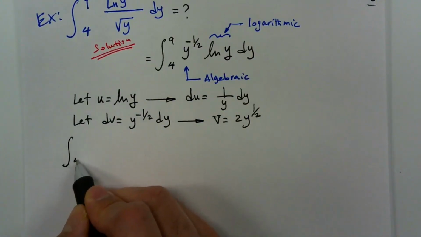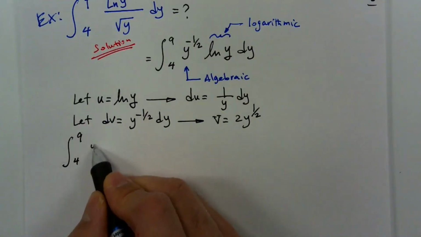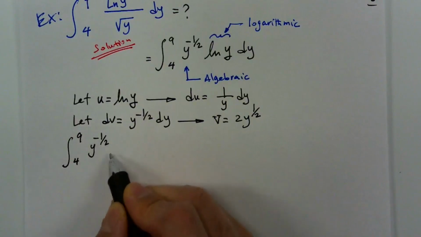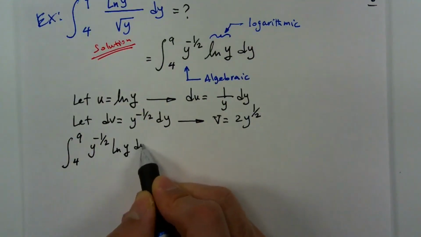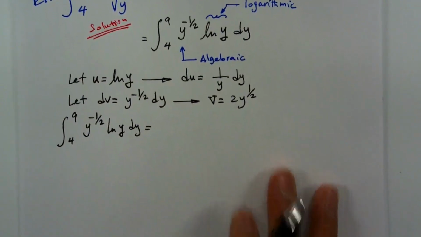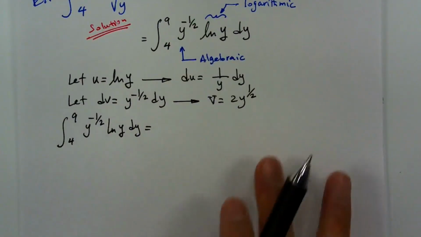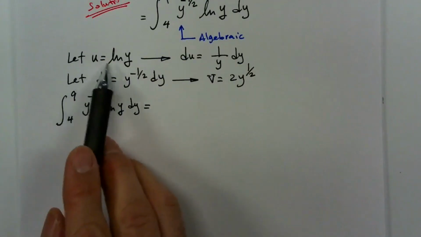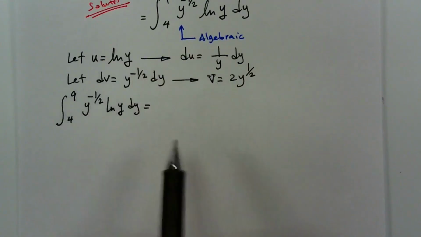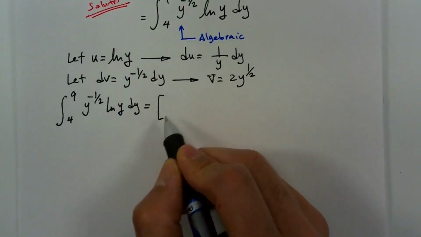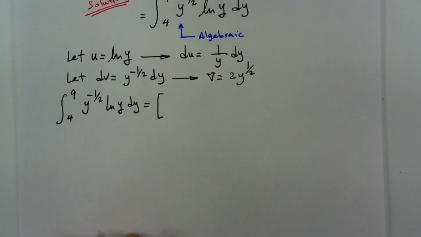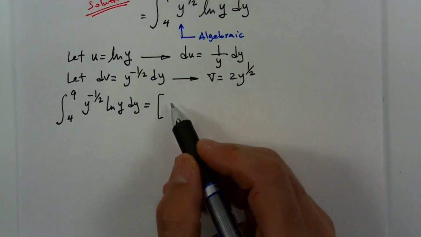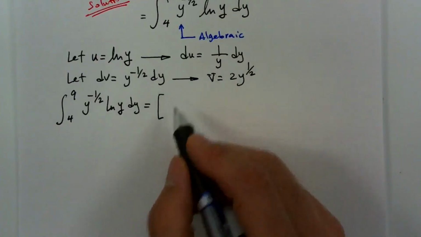Now let's rewrite our integral in the new form. So we have the integral going from 4 to 9 of y to the minus 1/2 power natural log of y dy equals uv, right? We start with u times v. This is a definite integral, so I have to remember to put the limits for each piece.